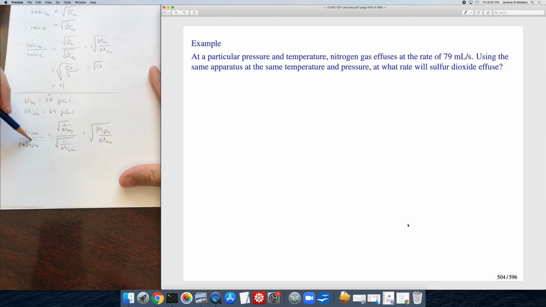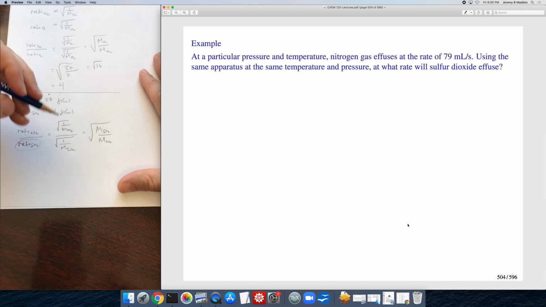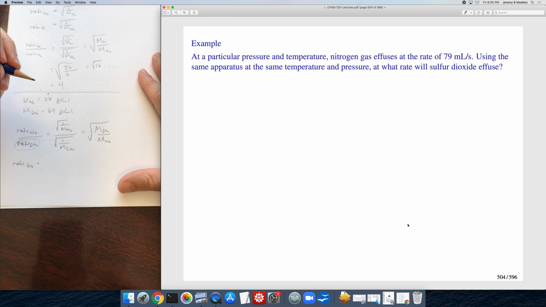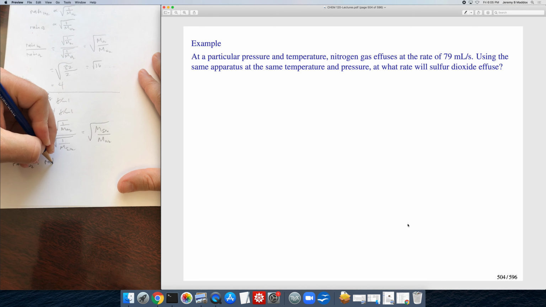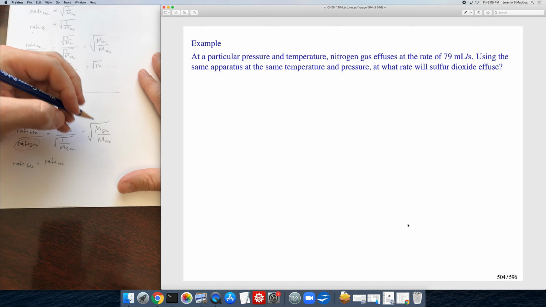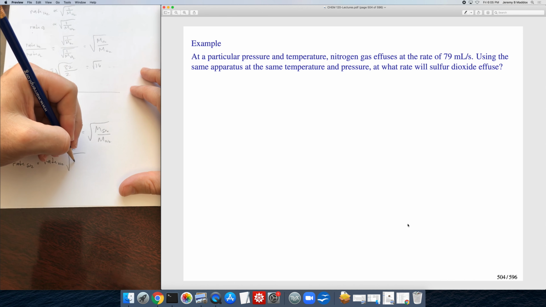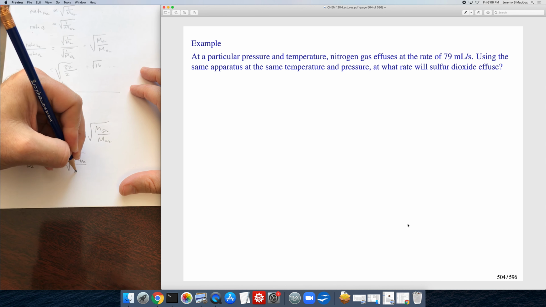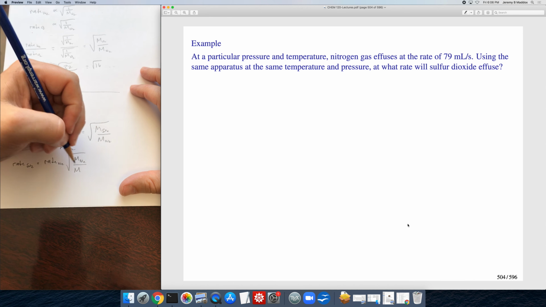Now, what we want to do is solve for that number in terms of all the other numbers. So the rate at which SO2 effuses is going to be equal to the rate at which N2 effuses times the square root of the molar mass of N2 divided by the molar mass of SO2.